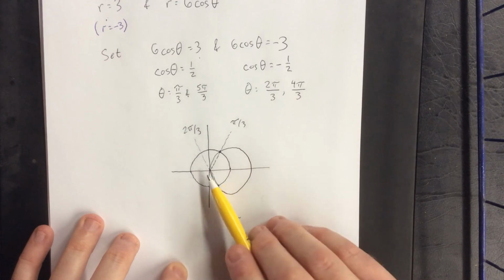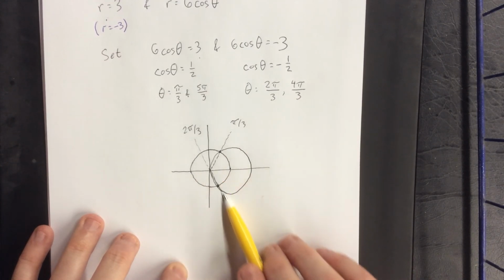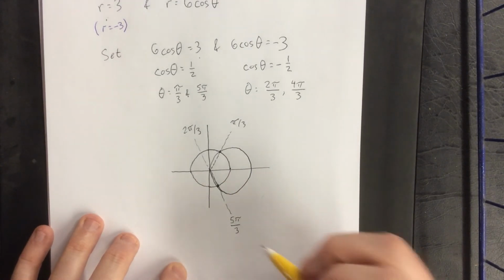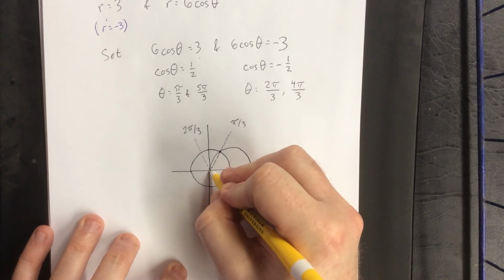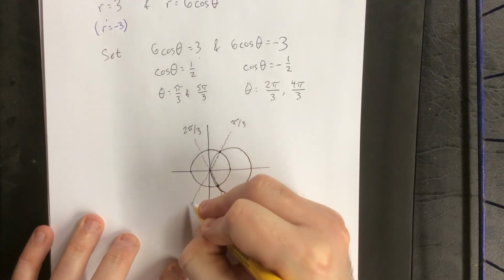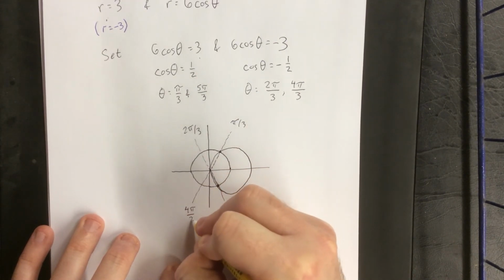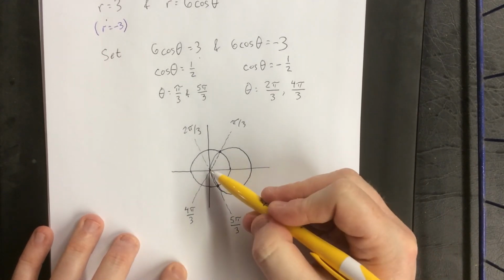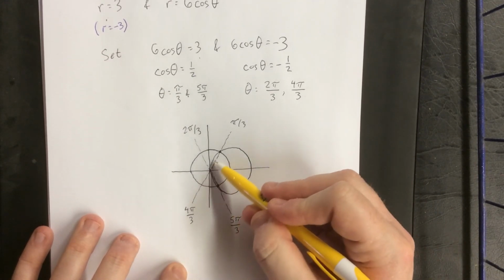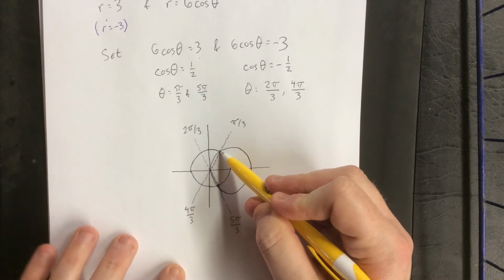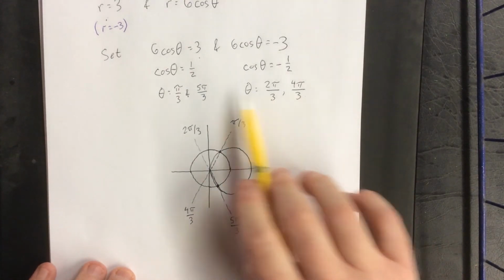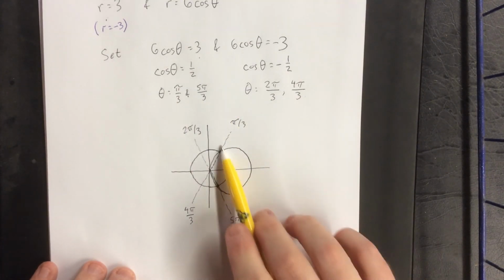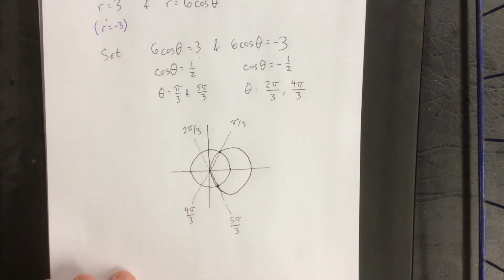We said at 2 pi over 3 our value is negative, and so it draws us back into quadrant 4 in the same direction as 5 pi over 3. And for 4 pi over 3, that's a quadrant 3 angle. But once again, for the angle of 4 pi over 3, we're actually going to be moving in the negative direction, and that's going to take us to this point right here. So despite the fact that we got 4 different angles here, there are really just the 2 points of intersection between these two circles.